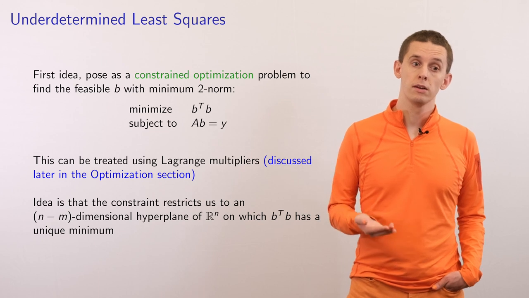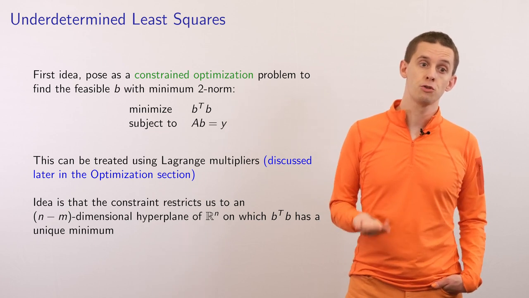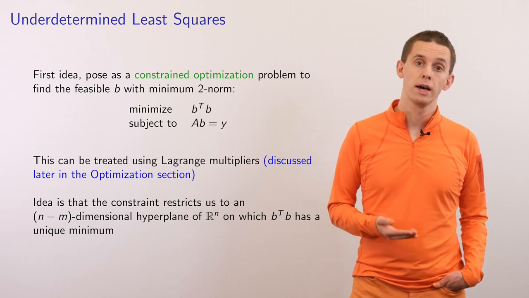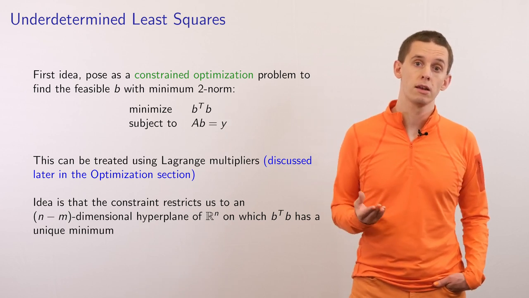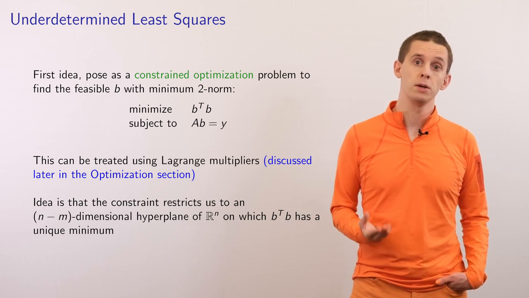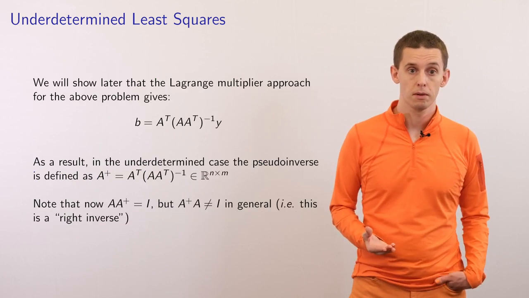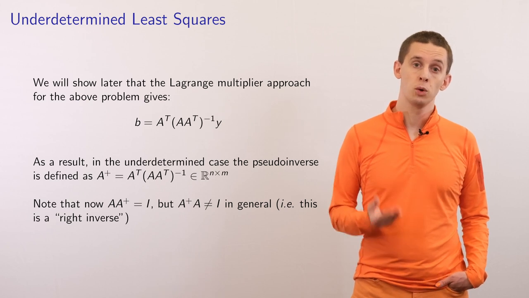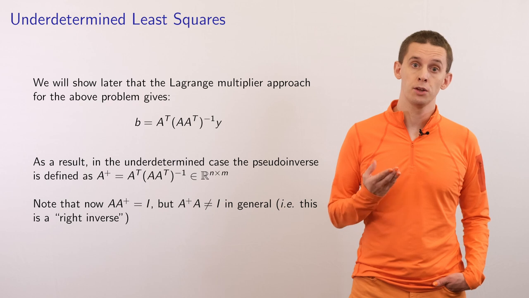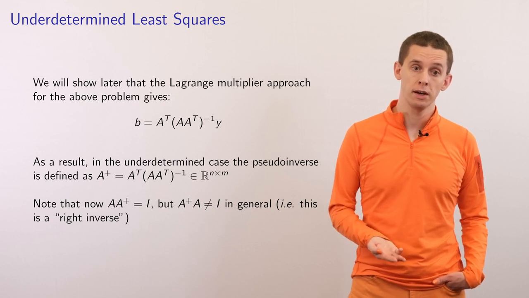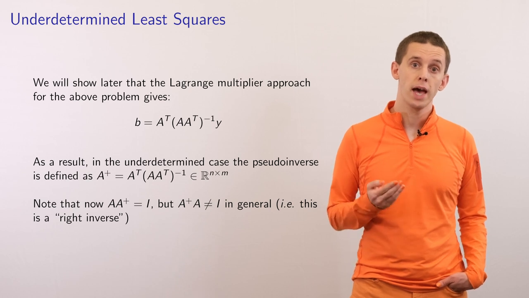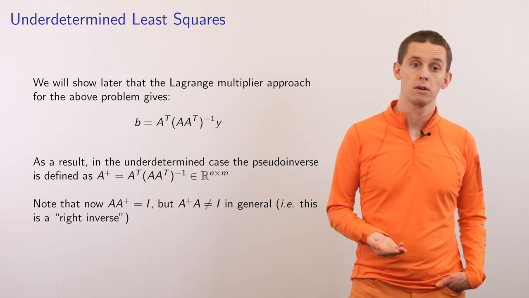The idea is that the constraint restricts us to an n minus m dimensional vector space, and in that subspace we can then search for this unique solution that minimizes b transpose b. And we'll show later that if we use Lagrange multipliers, then that unique b satisfies b equals A transpose times (A A transpose) inverse times y.